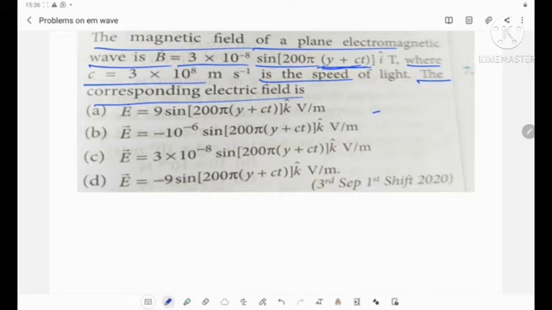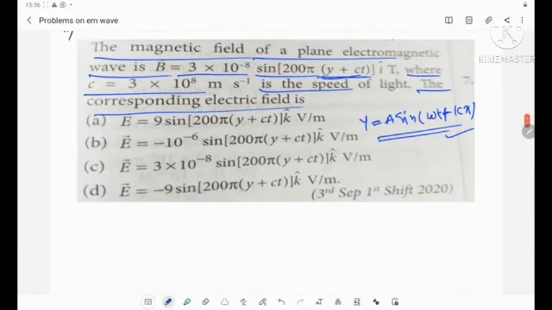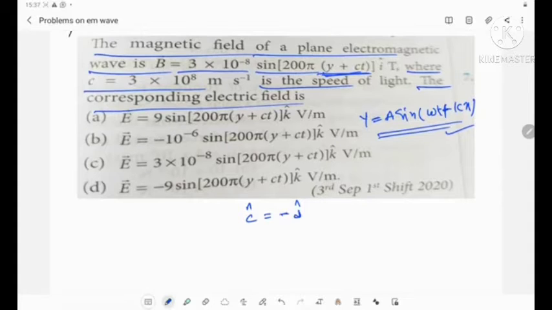For example, if a wave equation is given as y is equal to a sine omega t minus kx, then the wave is traveling along positive x direction. If here plus is there, the wave is traveling along negative x direction. But here y plus ct means this is y direction, but plus means negative y direction. Therefore here C cap is equal to minus j cap, meaning the wave is traveling along negative y direction.